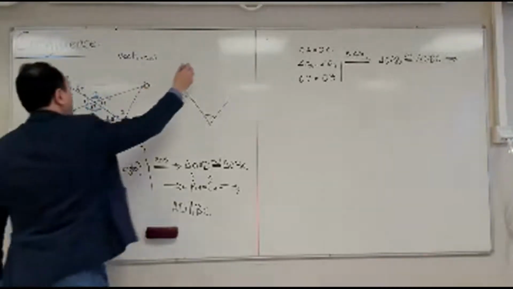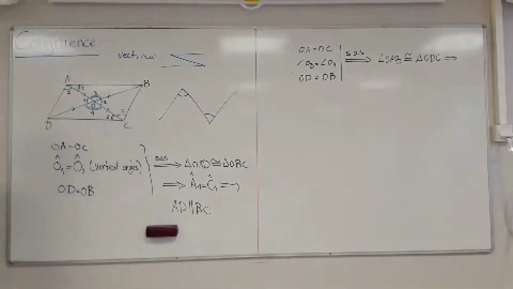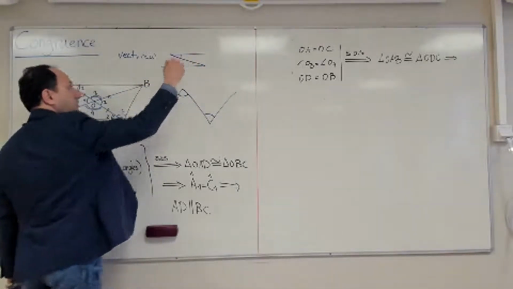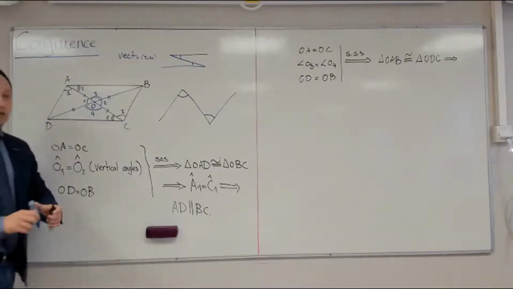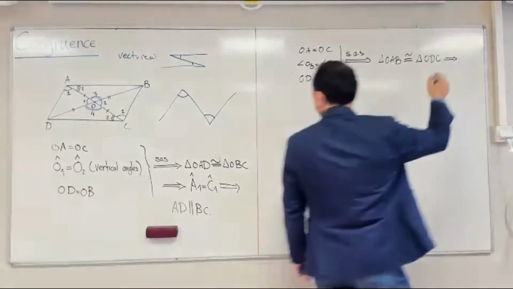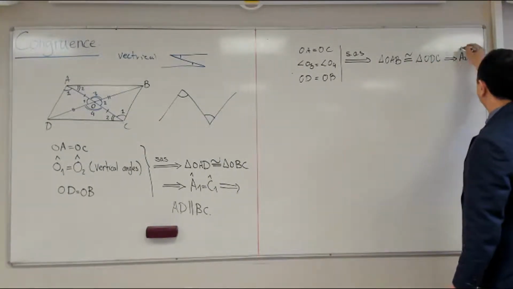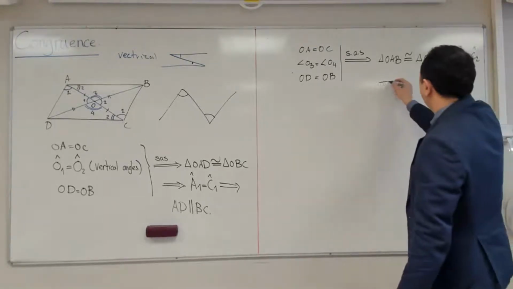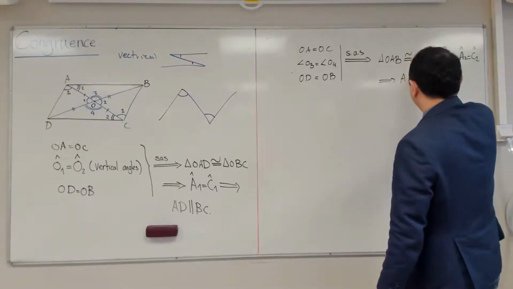Now you see that I have this picture, something like this. And someone tells me that this angle is equal to that angle. So I can conclude that AB is parallel to DC. This gives me that A2 is equal to C2, and this gives me that AB is parallel to DC.